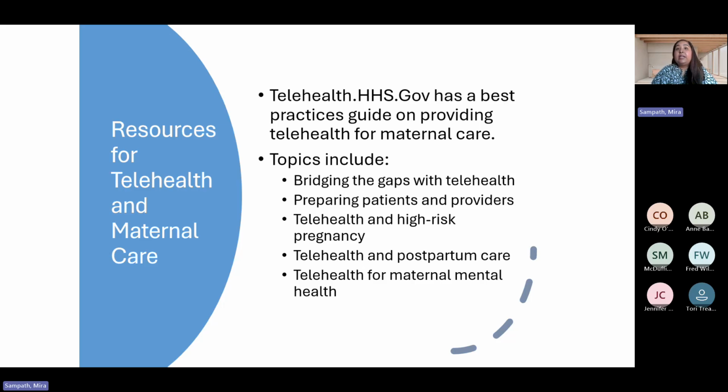And I will also say that telehealth.hhs.gov also has best practices guides for several other different contexts. So, for example, last week we talked about digital behavioral health. They have a guide for that as well. So that can be a really good resource when you're looking at implementing telehealth or starting some sort of telehealth initiative. I think those guides can be really helpful for patients, as well as community-based organizations that are trying to implement these sorts of initiatives.